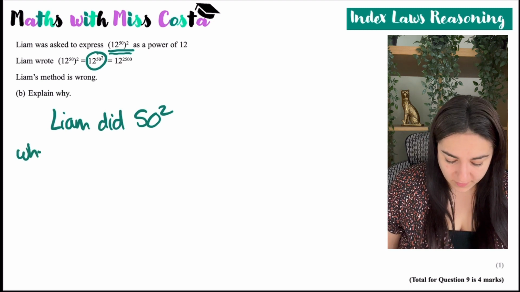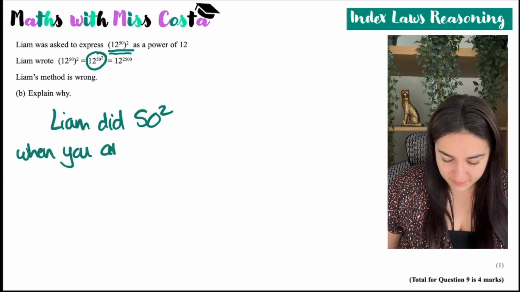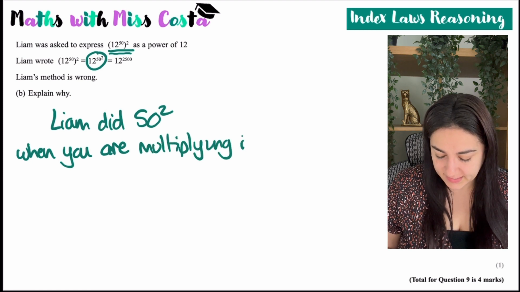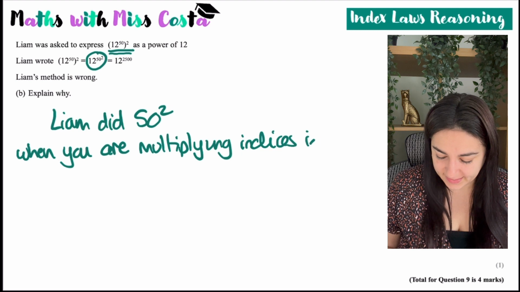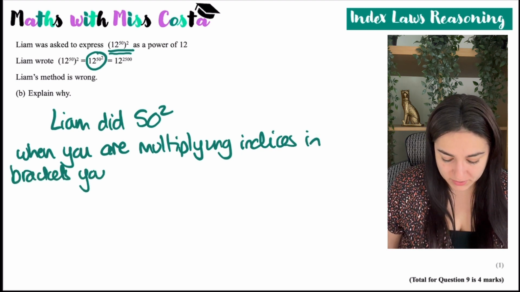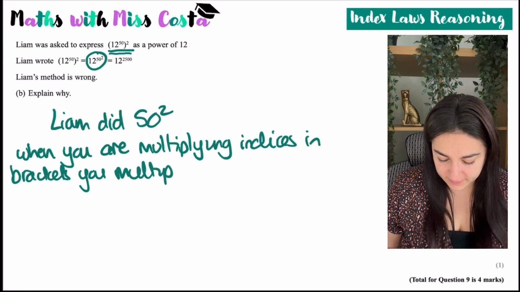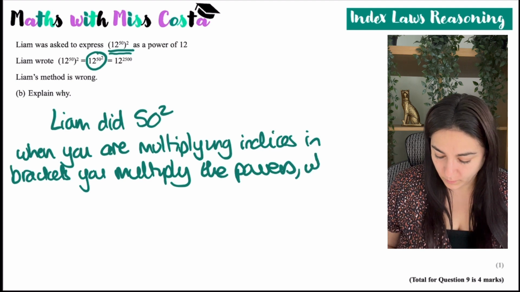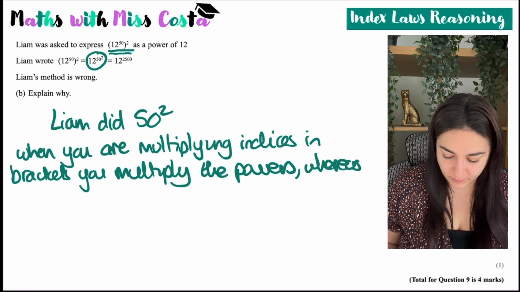When you are multiplying indices in brackets, you multiply the powers, whereas he squared them. He did 50 squared.